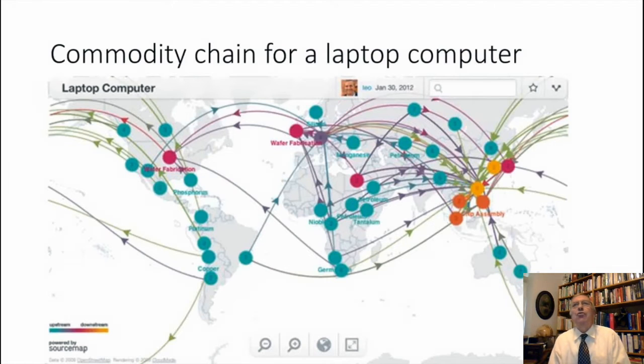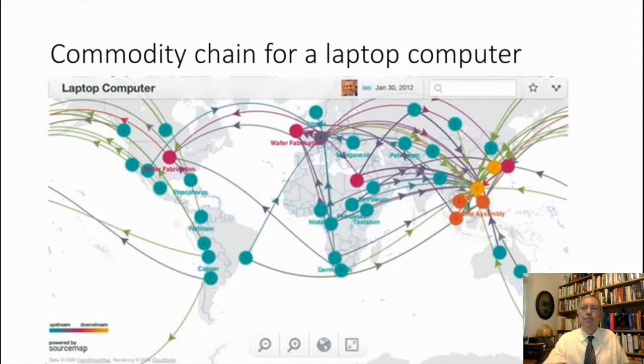In fact, when you trace back, they call these commodity chains. This one is an example for a laptop computer. There's a great deal of complexity in your computer, and parts for it are produced all over the world. When you map out where all these different pieces come from and where it's put together, they sometimes call it a commodity or supply chain.